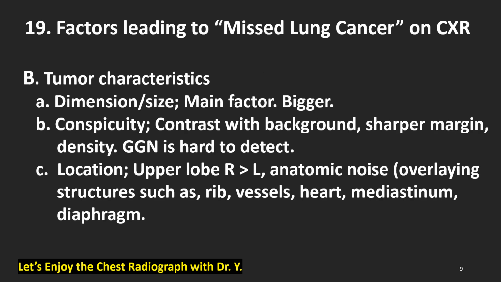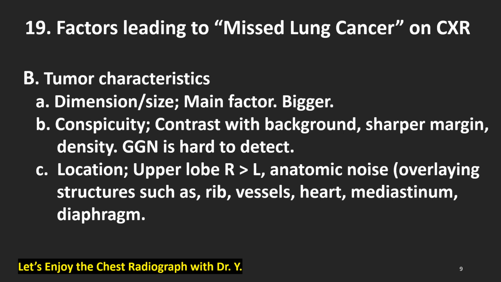B. Tumor characteristics. A. Tumor dimension or tumor size. This is the main factor. Bigger the better. B. Conspicuity. Contrast with background, sharper margin, density is important. That's why ground glass nodule is hard to detect.